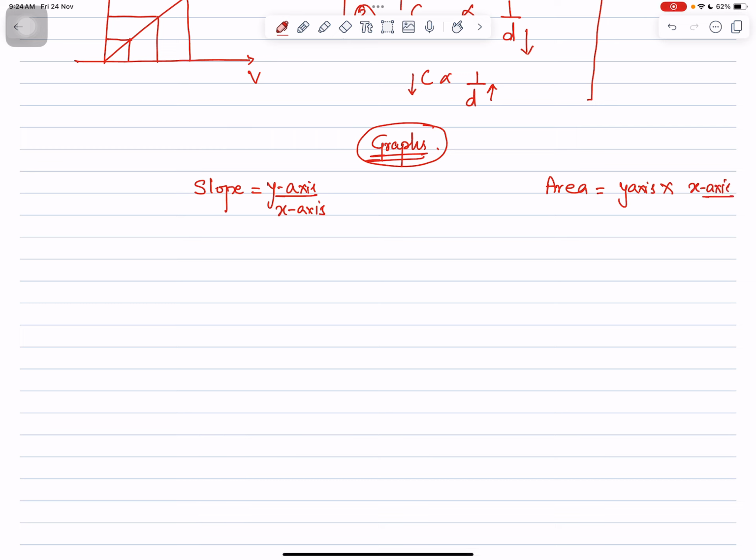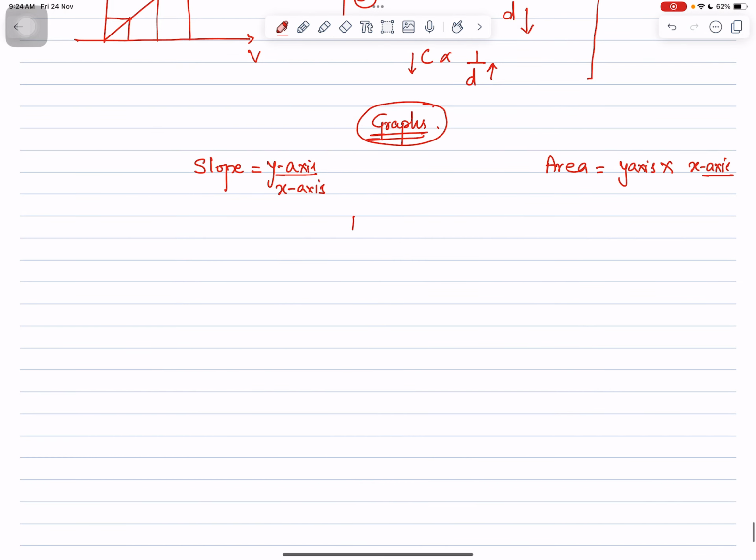So just see the graph and try to understand what we are getting here. Let's say this is a graph we have, between Q, the charge, and the potential difference. So this is the line.